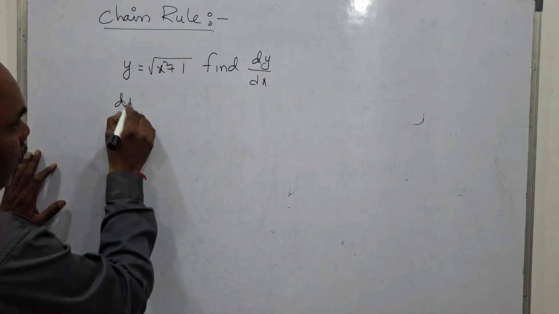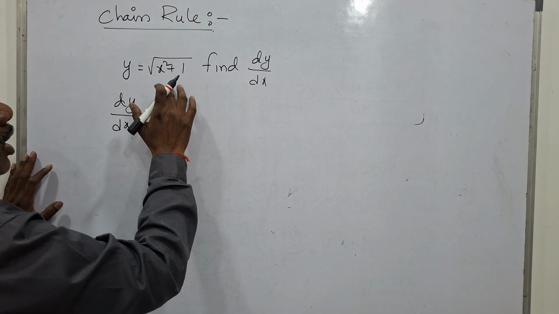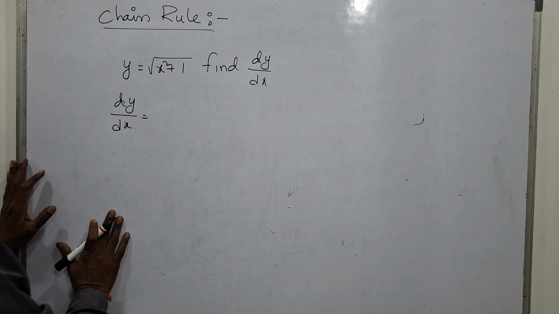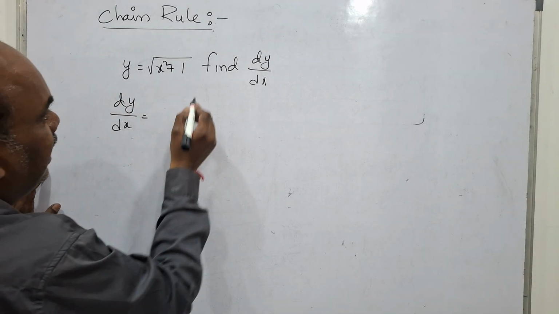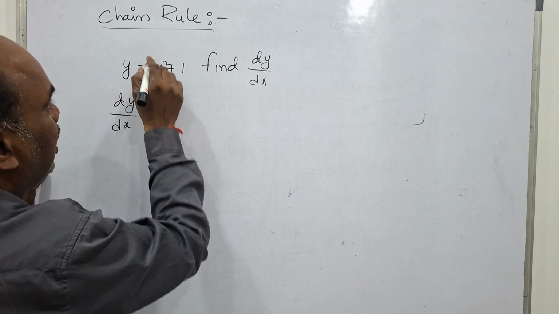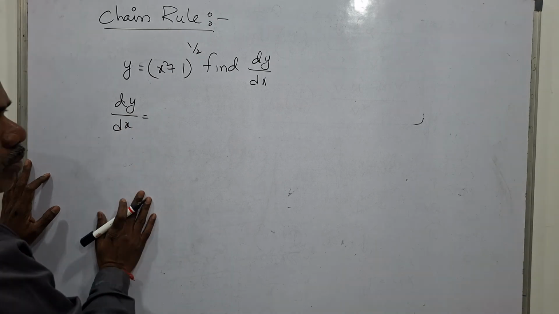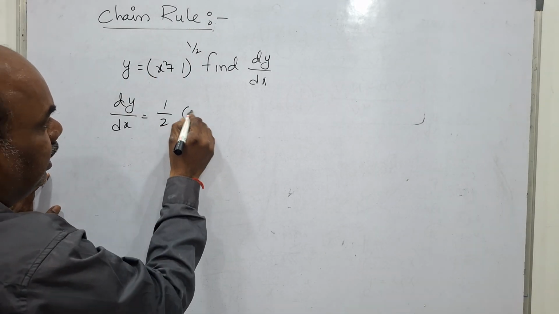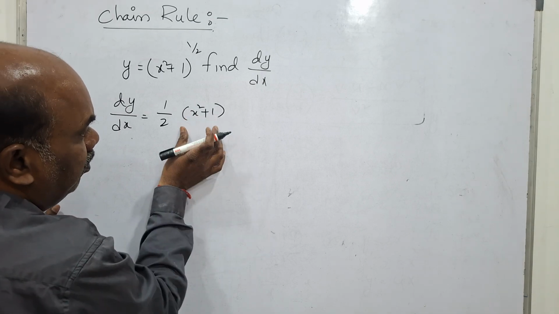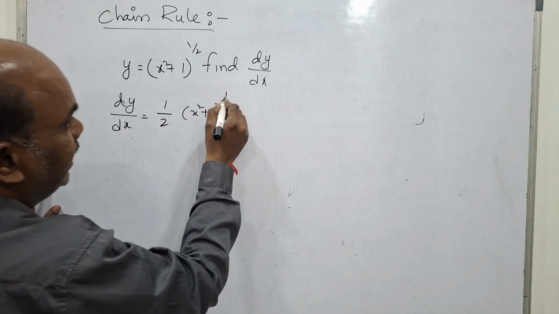If you want to find dy by dx, this whole part is not a variable in the given function. This is in the form of root x. You can write it as x square plus 1 whole power 1 by 2. Now it is in the form of x power n. X power n differentiation is n into x power n minus 1.